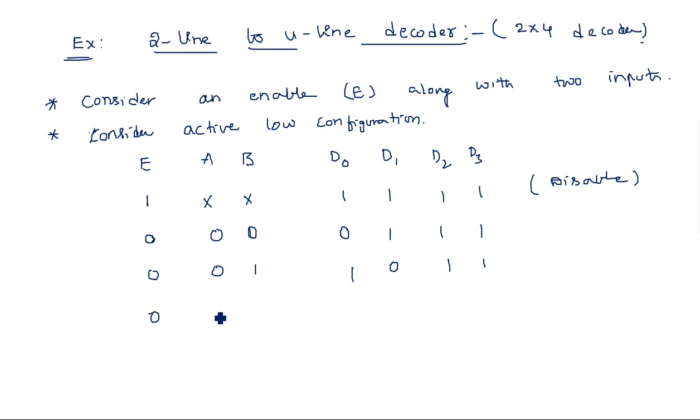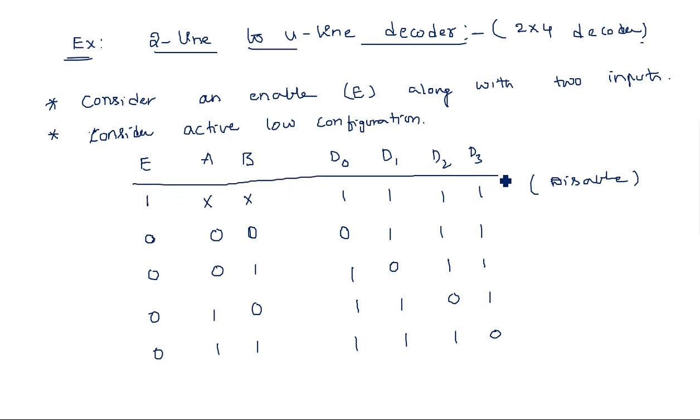Again for 1, 0, and 1, 1, D2 is activated, and 1, 1, 1, D3 is activated. This is the truth table of a 2 line to 4 line decoder.